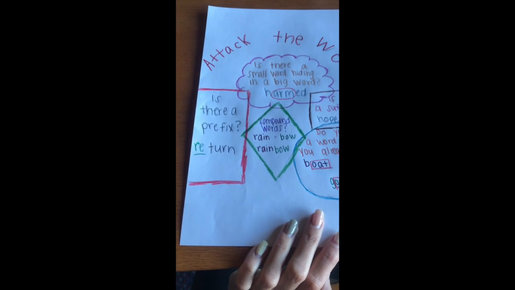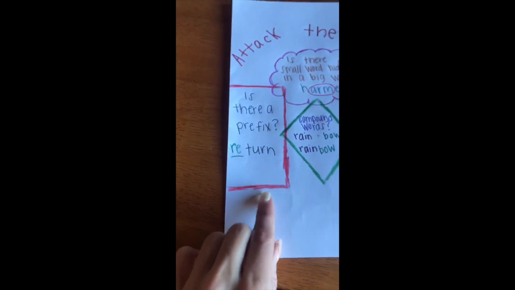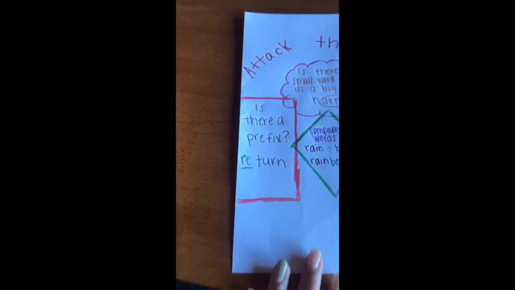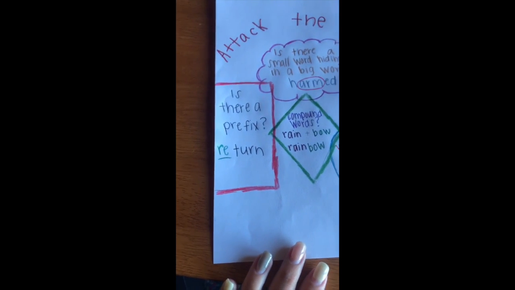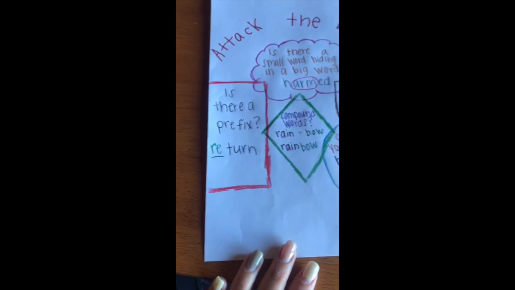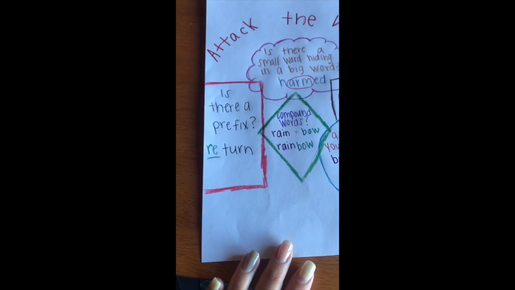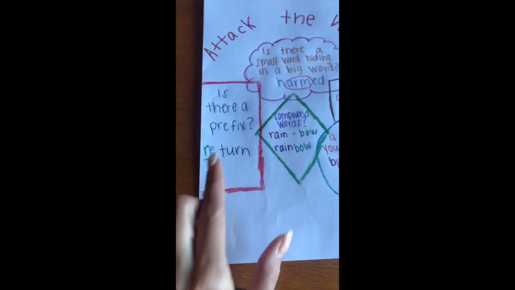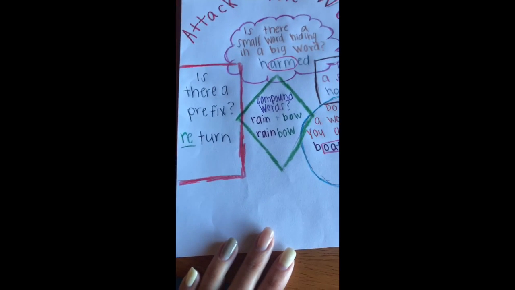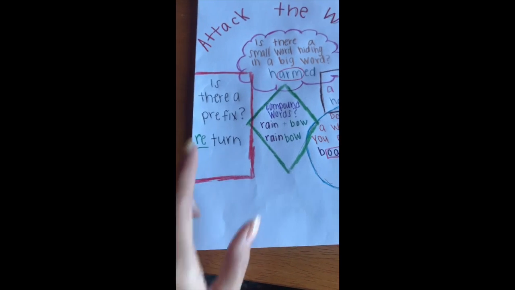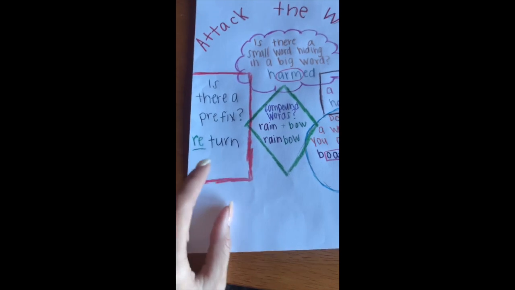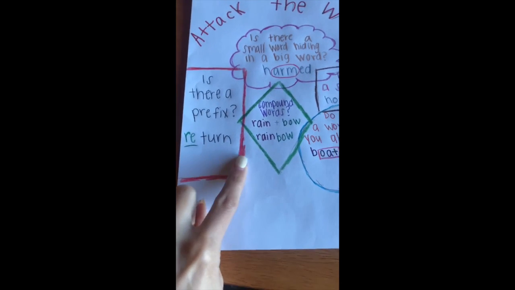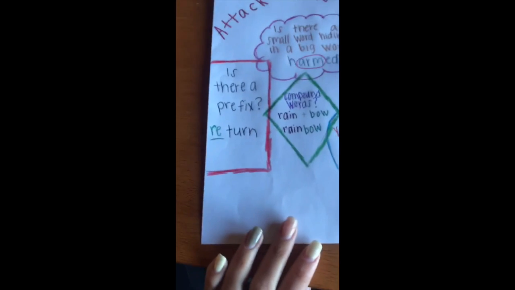And then last we have this red rectangle, and it says, is there a prefix? So a prefix is a group of letters placed before the root of the word. So for example, that could be like return or unhappy. So the prefix would be the re in return, or the un in unhappy, which un means not.